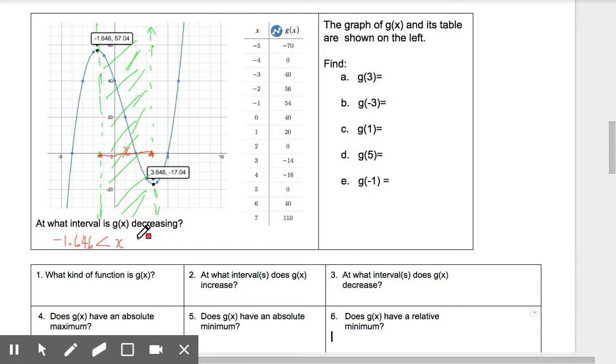So x is less than 3.646. This is the interval where g of x is decreasing. Okay, let's move on to this one.